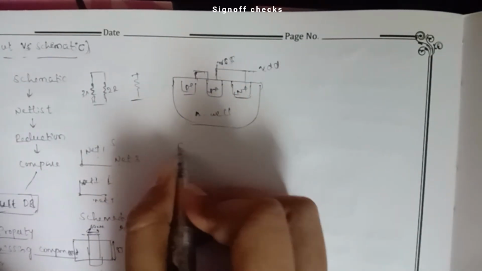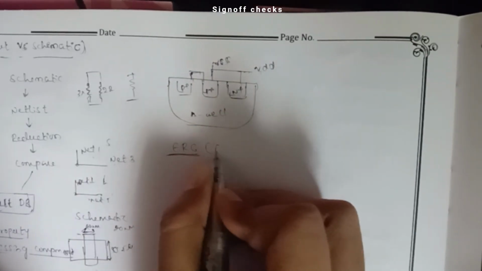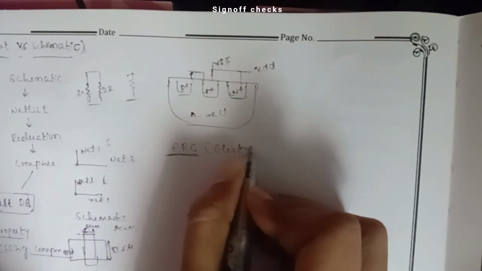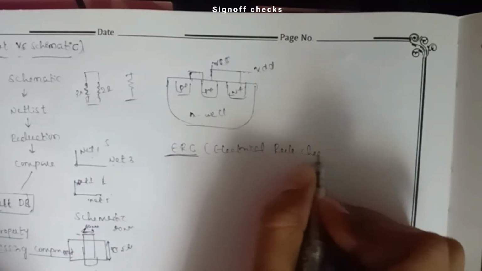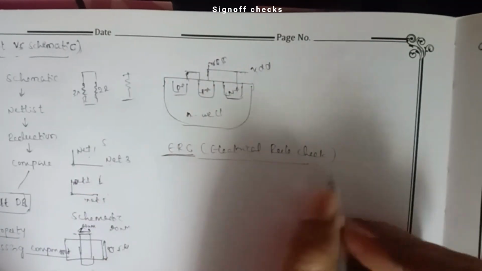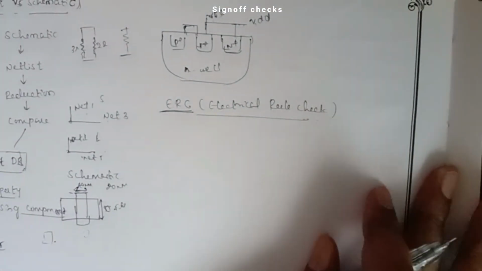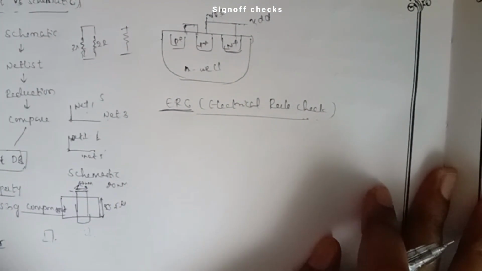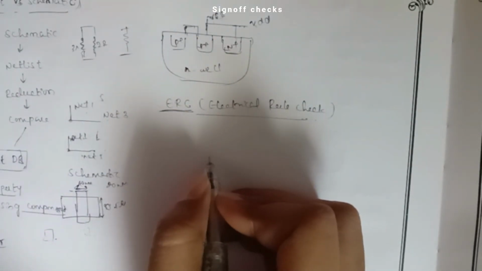And ERC. ERC is an electrical rule check. It also gives an error if any electrical incorrectness occurs, like floating.